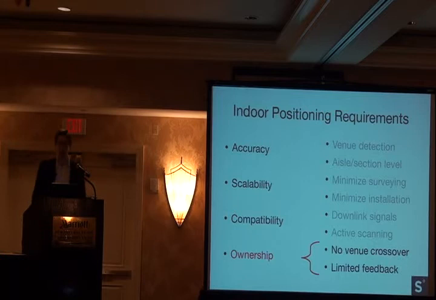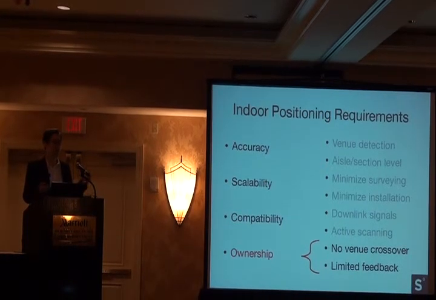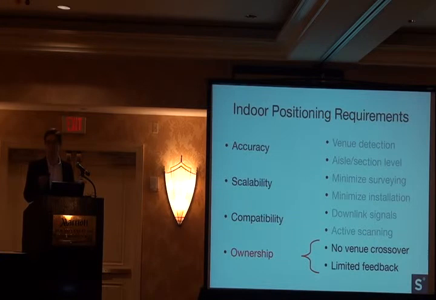And finally, the ownership question presents some technical challenges as well, because we can't indiscriminately use feedback. So if we have two next-door venues, then they may not want to use their data to help each other. So we have to be sensitive to that and reduce our dependencies on that feedback.